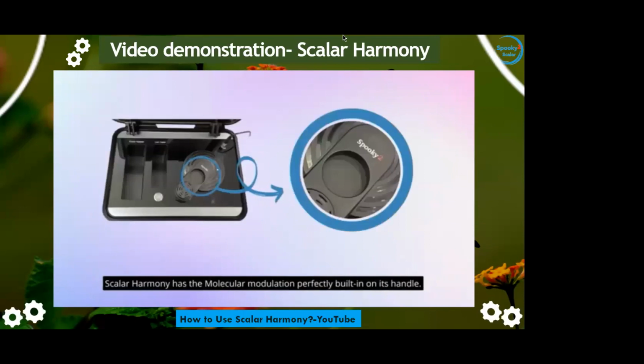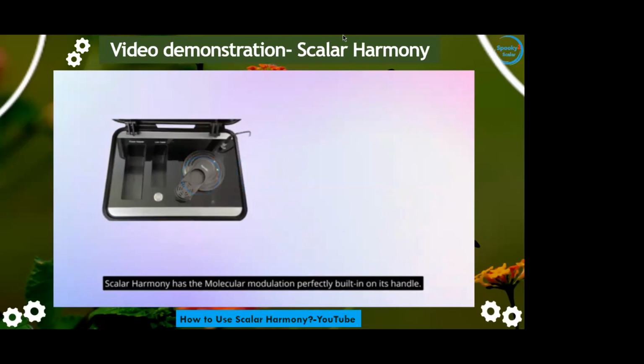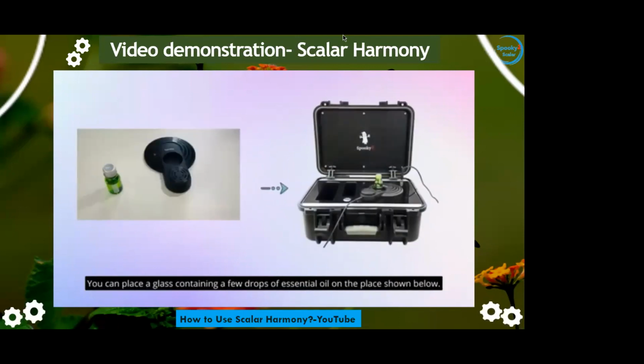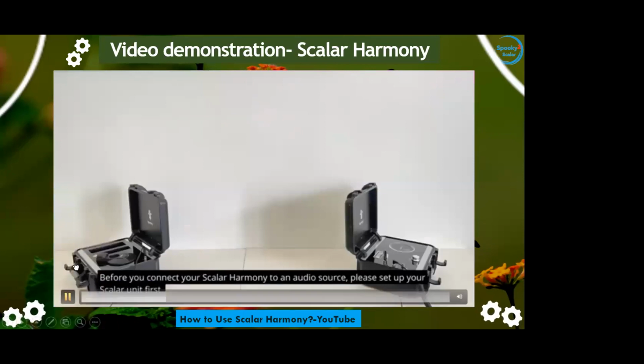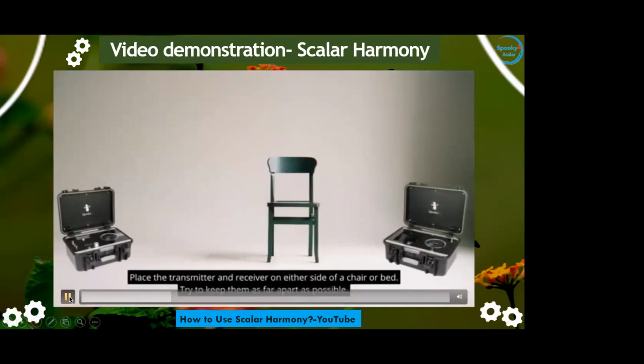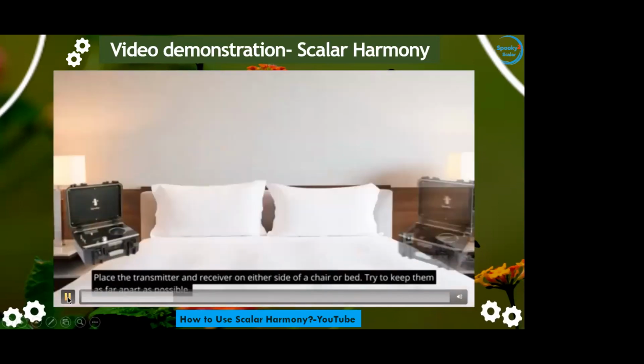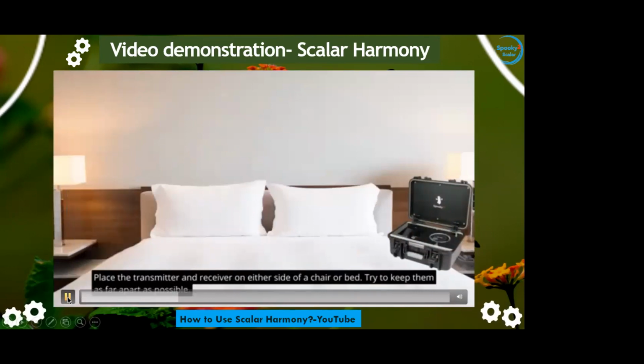Scalar Harmony has the molecular modulation perfectly built in on its handle. You can place a glass containing a few drops of essential oil on the place shown below. Before you connect your Scalar Harmony to an audio source, please set up your scalar unit first. Place the transmitter and receiver on either side of a chair or bed. Try to keep them as far apart as possible.